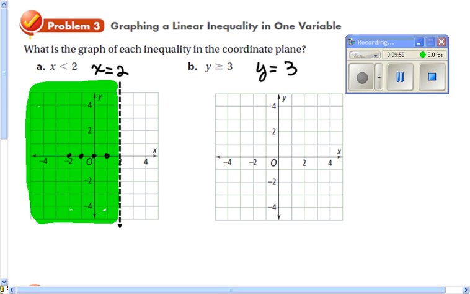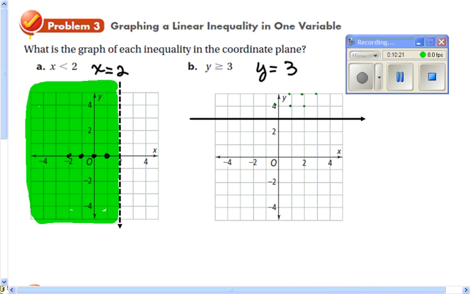All right, and then for y equals 3, y is a horizontal line, and it's at y equals 3. And since it's greater than or equal to 3, we're going to use a solid line for this one. And we're going to go right where y is equal to 3, right there. We want y is greater than or equal to 3. That means y is more than 3, like y is 4. That'd be like these points. y is 5 would be these, and so on.